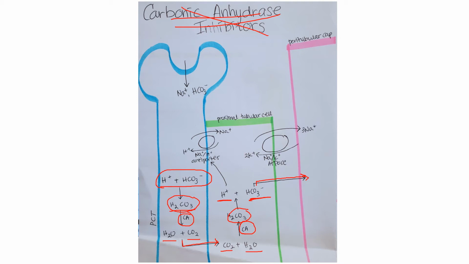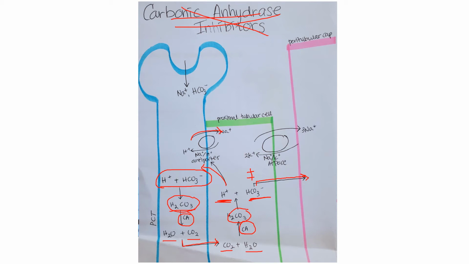And when it's reabsorbed, because it's negative, when it goes into the peritubular capillary, we make the cell more positive. That means the proton doesn't want to stay there because it's already positive. That increases the driving force for this hydrogen ion to be transported back out into the tubule via this sodium H plus antiporter, thereby facilitating the reabsorption of sodium.